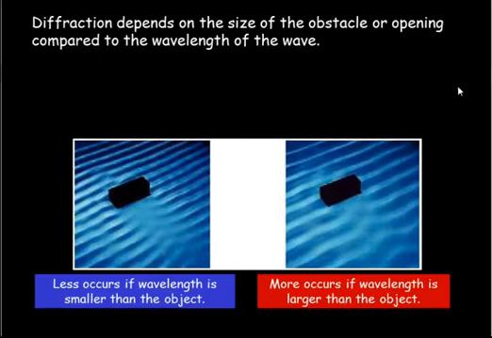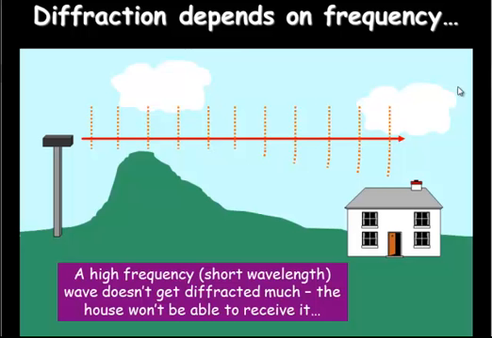That actually works not just with general waves. It can also be thought about if we imagine a house in a valley. The house might find that they're not able to pick up radio or television broadcasts which are at a very, very short wavelength, because the diffraction isn't great enough for the emissions to reach the house.